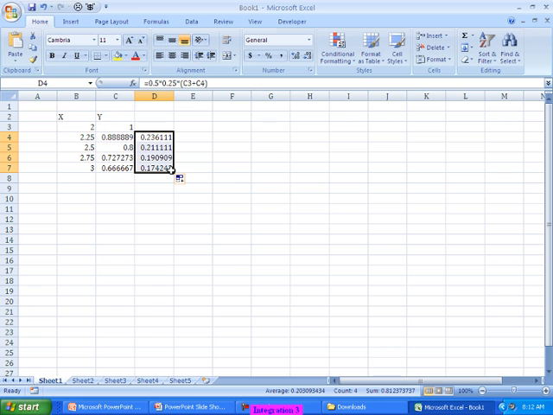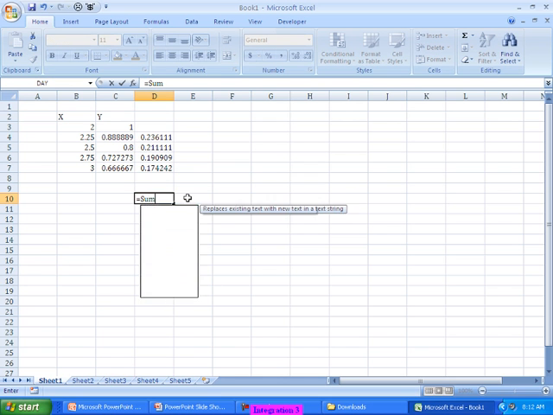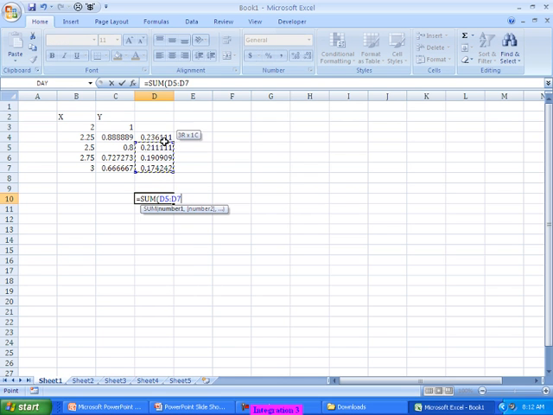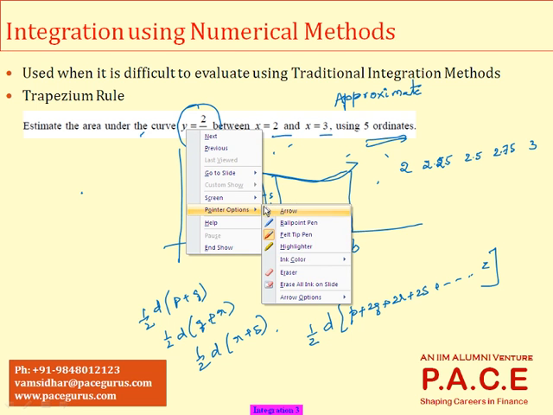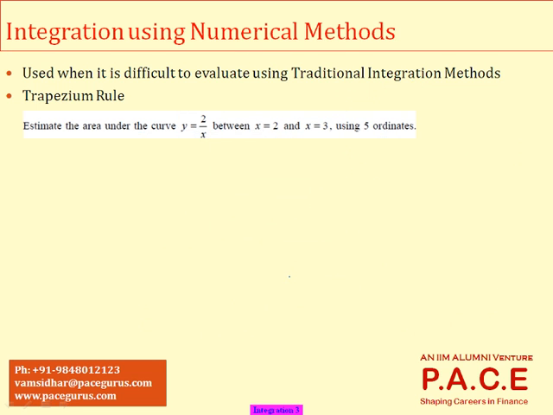This is the areas of all the 4. And as a summation, I am getting the value 0.81. If I am doing the summation of all these 4, I am getting an area of 0.812. This is how I do the integration. So without actually doing an integration, I am able to find out the area under the curve using the numerical method, a non-traditional mechanism.